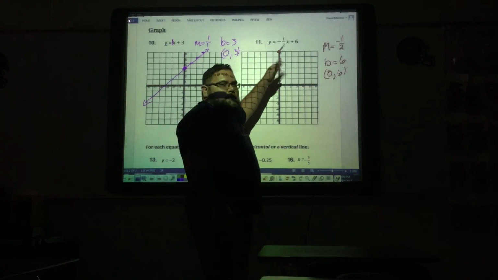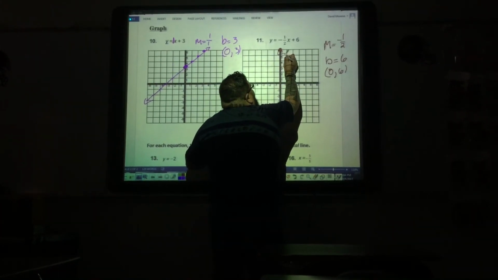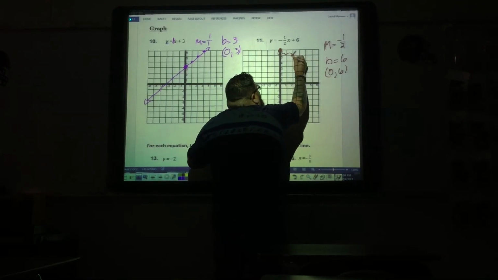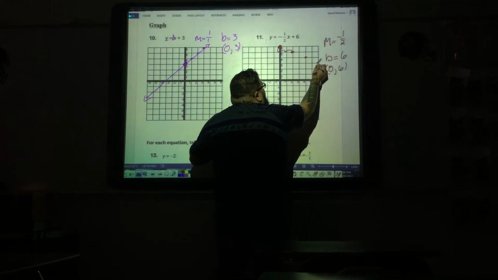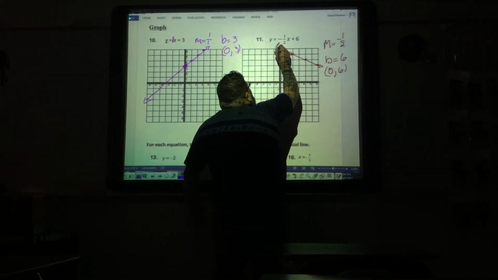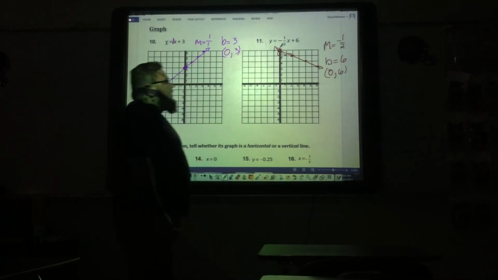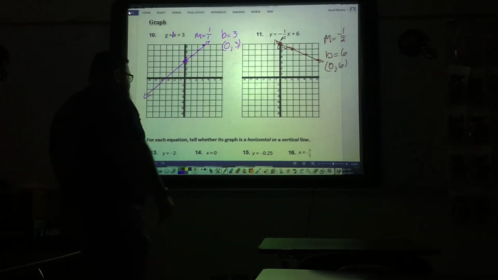So since it's -1 over 2, that means I'm going to go down 1. So I go down 1 over 2. Down 1 over 2. Down 1 over 2. Connect the dots. Okay? And that is my graph. Pause if you need to pause. Okay? All right.